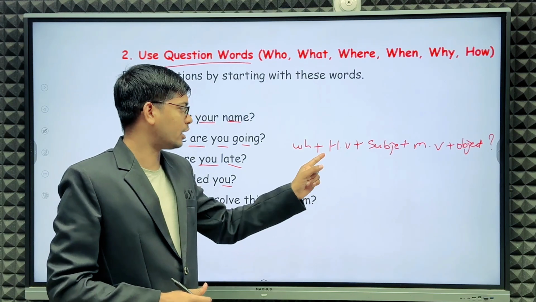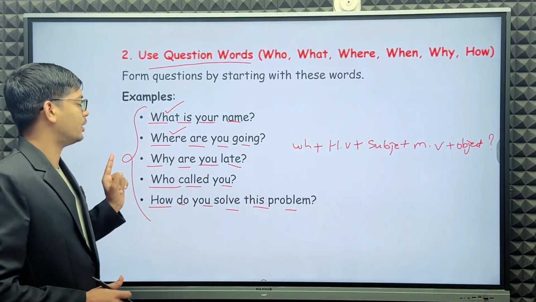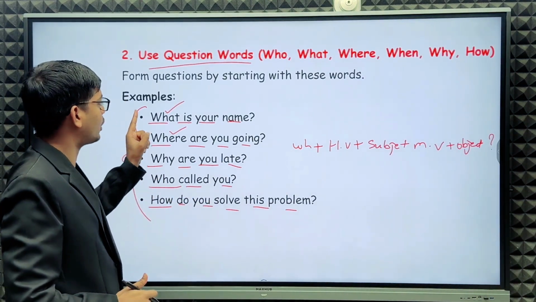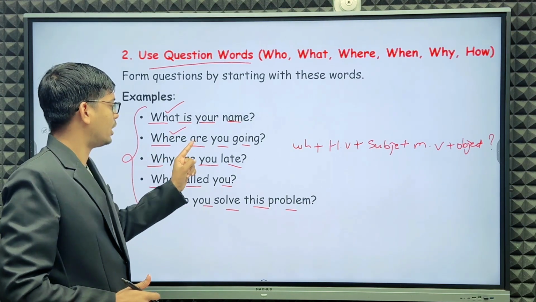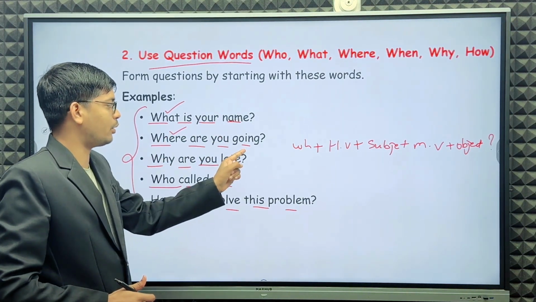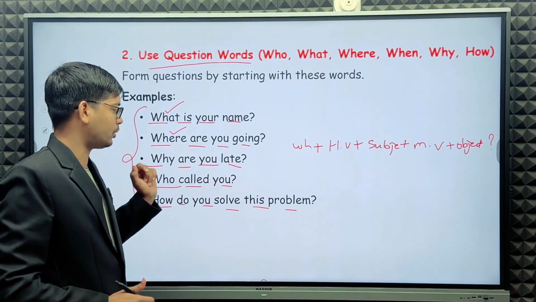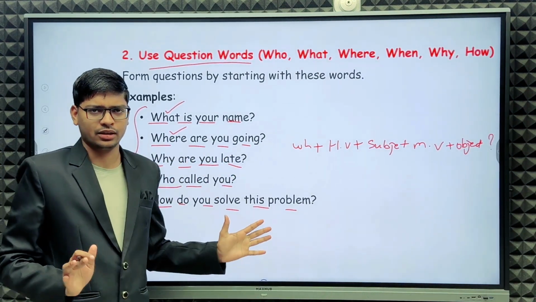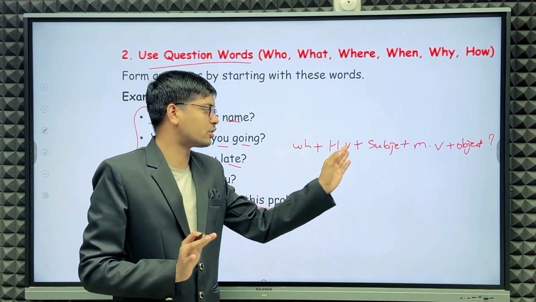So the sentence structure is: WH word, helping verb and subject; WH word, helping verb, subject and main verb. You can easily understand this is our second method, and you can easily create new sentences using this format.